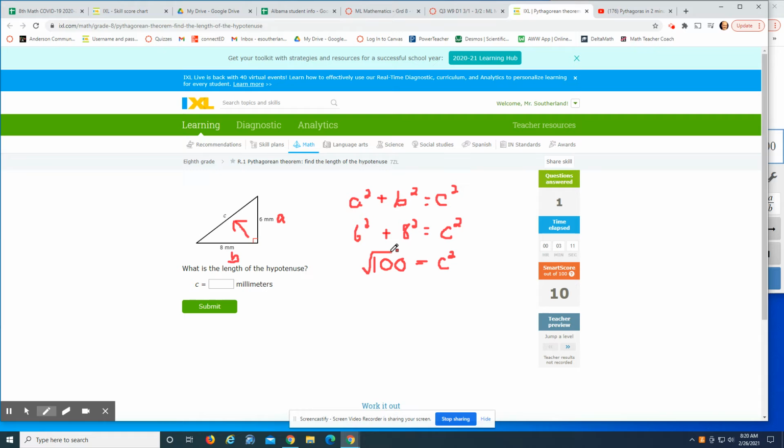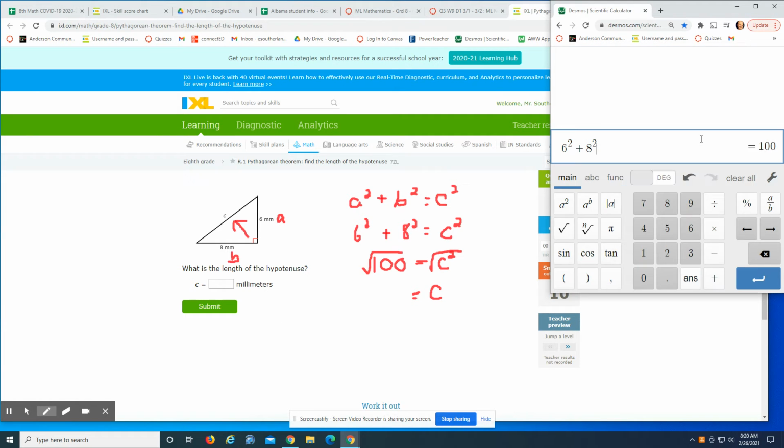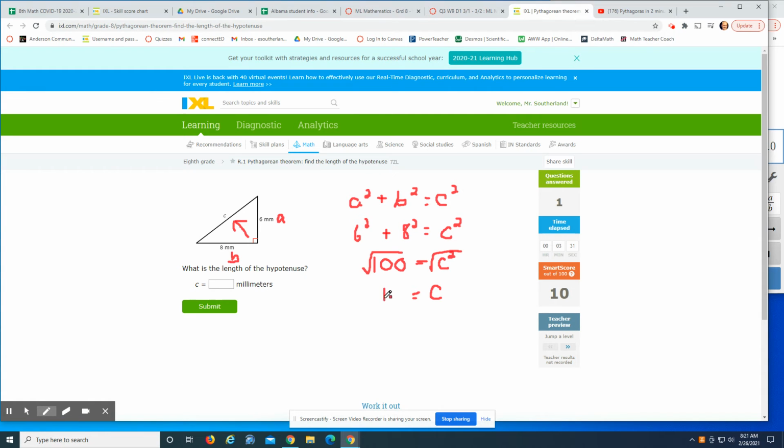I'm going to find the square root of both c squared and 100. C squared is always going to come out to be c when we find the square root. Then we go back to our calculator, hit the square root, and type in 100 underneath of it. We see that it's 10. And so we type in 10 here.